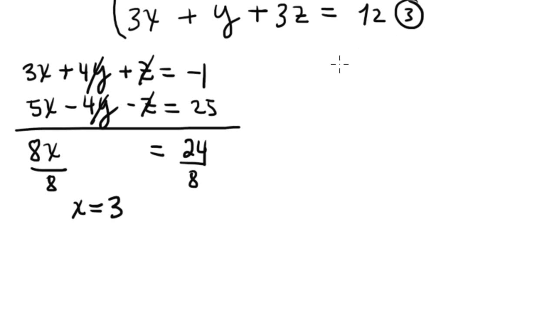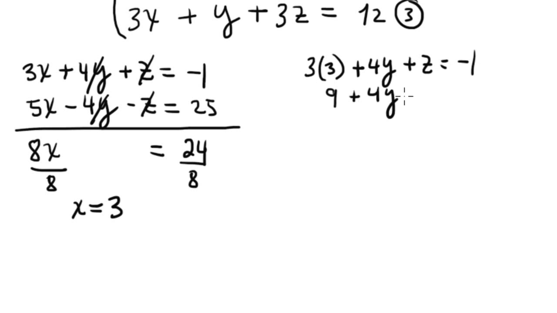Let's see. It's 3 times 3 plus 4y plus z is equal to negative 1. This is 9 plus 4y plus z equal to negative 1. Therefore, 4y plus z is equal to negative 10.